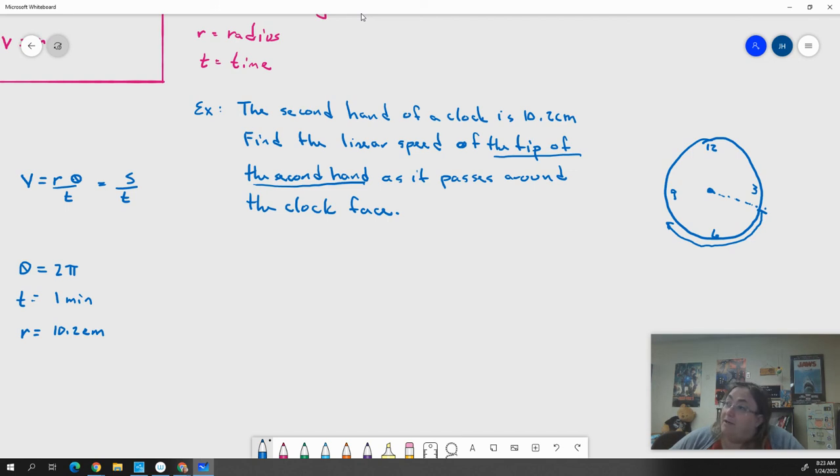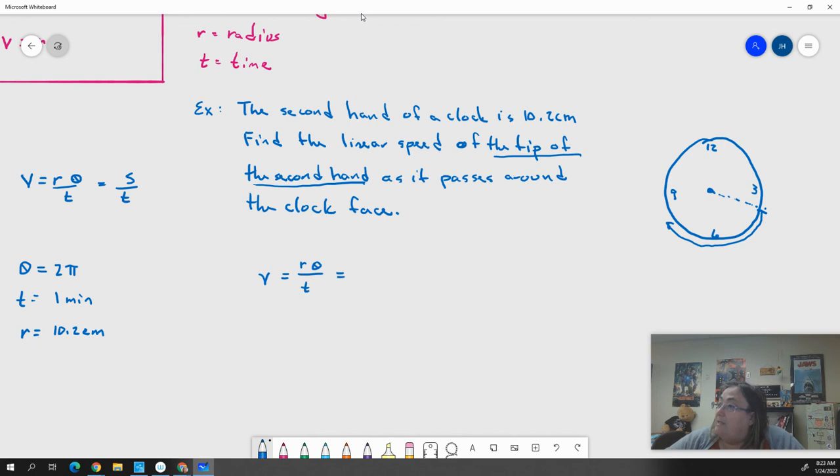Now, I know that it's arc length over time, but it is also radius times theta over time. Why? Because radius times theta equals arc length. So here we can go. The linear speed, the v that we're looking for, equals radius times theta over time.